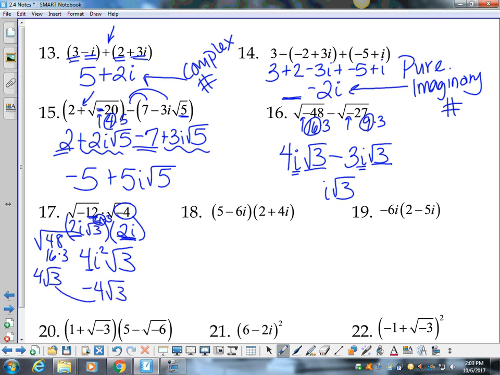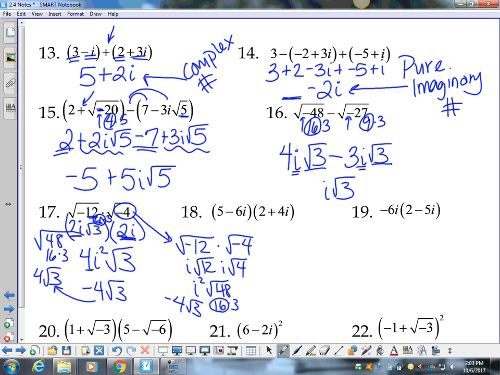Now look how this answer is different than that one. Okay. So you can do it that way, or if you wanted to, you could have popped the i's out and then multiplied, and then gotten the square root of 16 is the 4, the i squared is the negative, and then the 3 is left up under the root. Either way, you get the same answer.